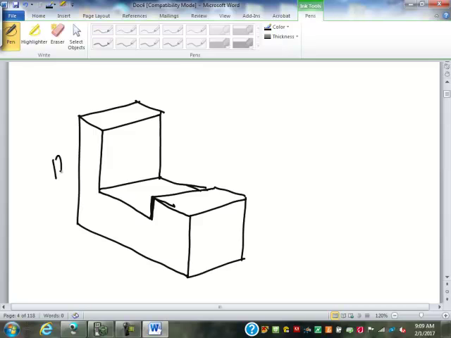So let's give this 12 inches, 2 inches, 8 inches. From here to here, we're going to call that 6 inches, 8 inches. This piece here is going to be 3 inches. Now we're going to call this 16 inches across here.